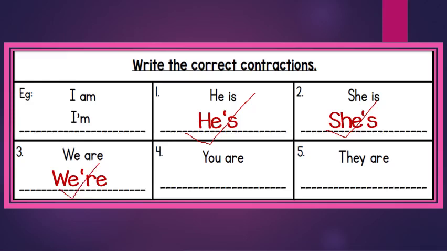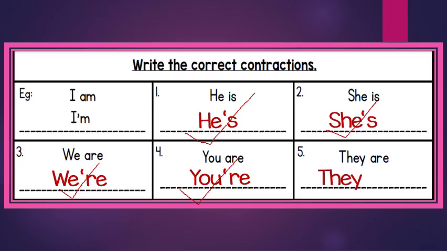Number 4, you are. Okay, you start with you and then the apostrophe and then from are you only take R and E. So it becomes you're. If you got that correct, another big tick. Okay, number 5, the last one. They are.